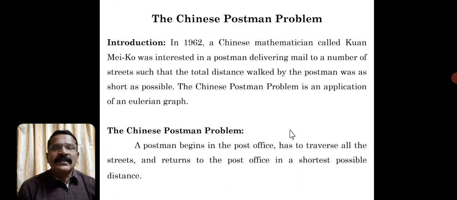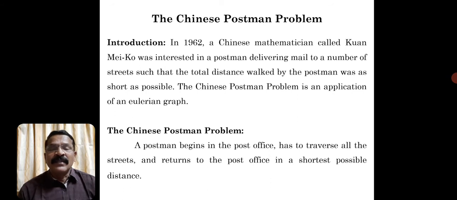So now what is the Chinese postman problem? A postman begins in the post office, has to traverse all the streets and returns to the post office in the shortest possible distance. Let me compare with the traveling salesman problem.